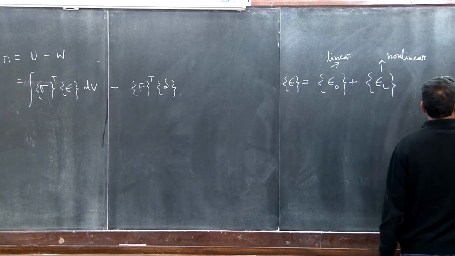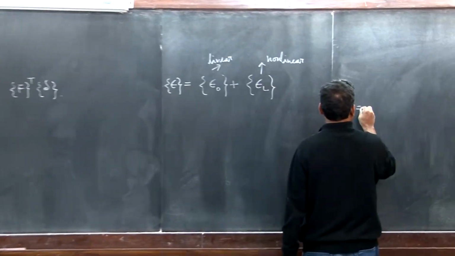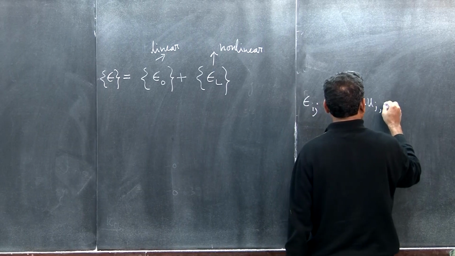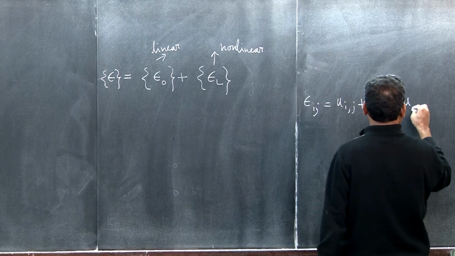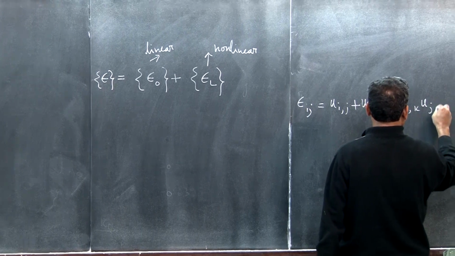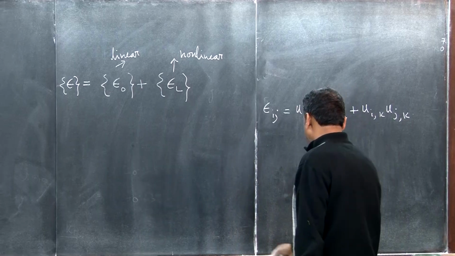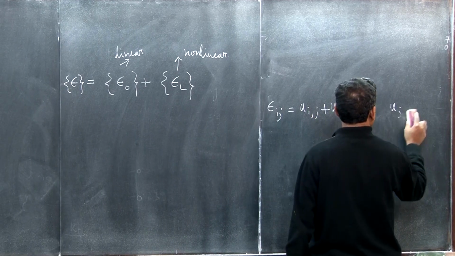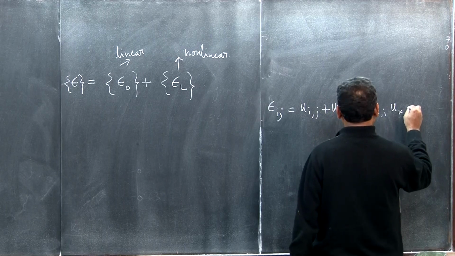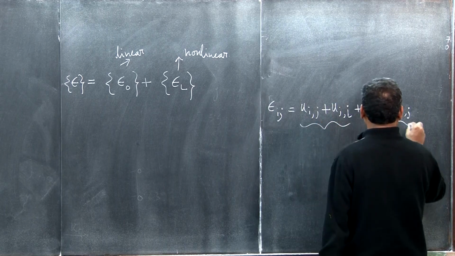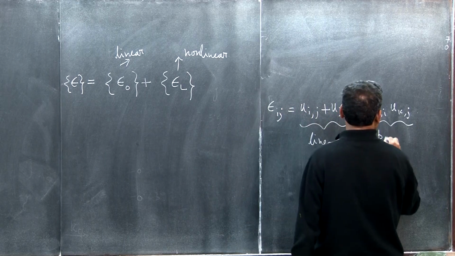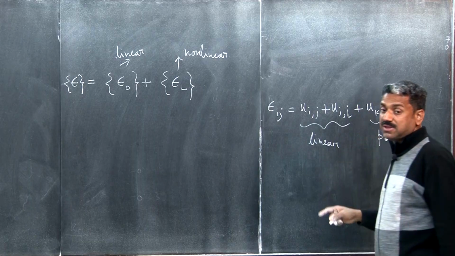So you can recall what I wrote, epsilon ij is equal to u i comma j plus u j comma i plus u k comma i u k comma j, something like that, right? So this is the linear part and this is the non-linear part, because it is the product of the displacement gradient terms.